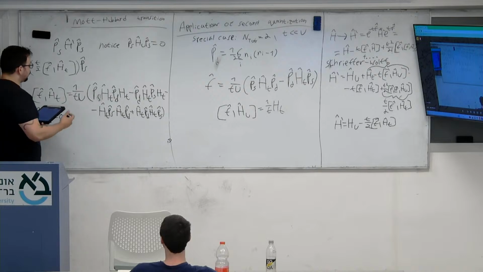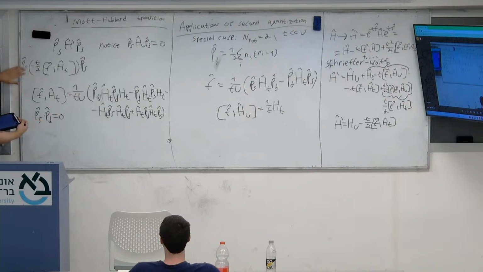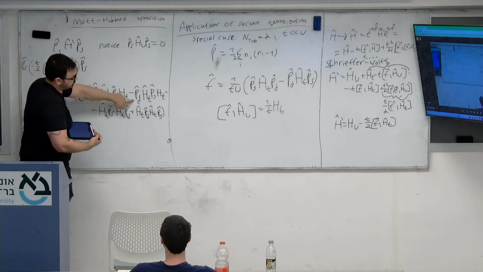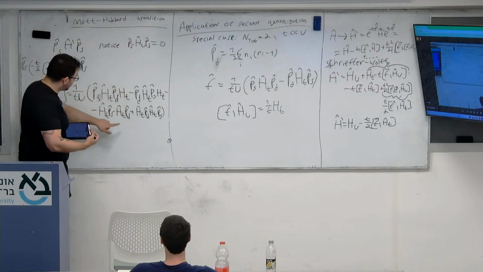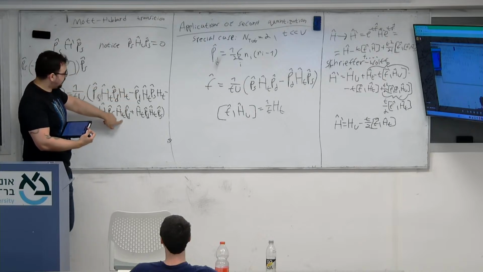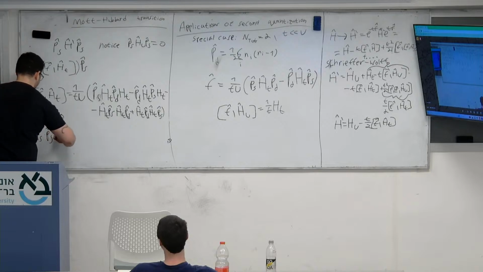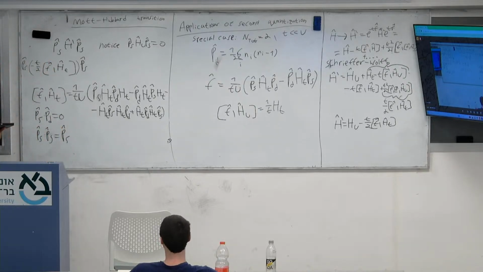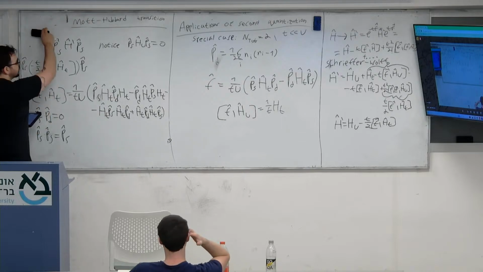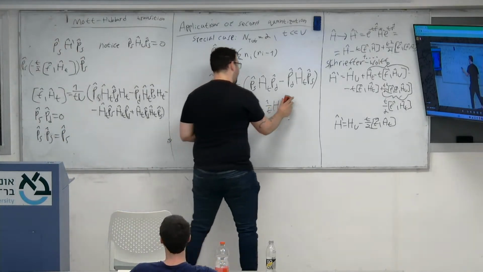So if we take this equation right here, the term which starts with a P_D will vanish, and the term that ends with a P_D will vanish. In addition, P_S times P_S is just equal to P_S, since projecting twice into the same space is the same as projecting once.